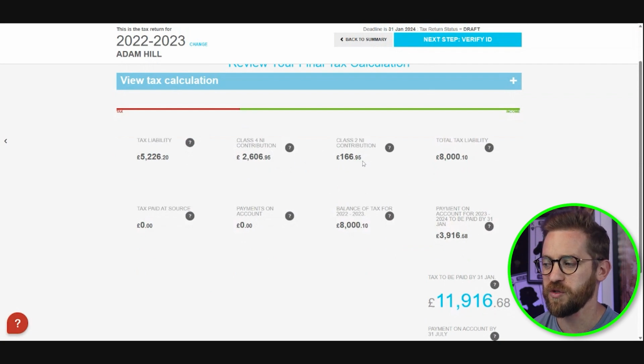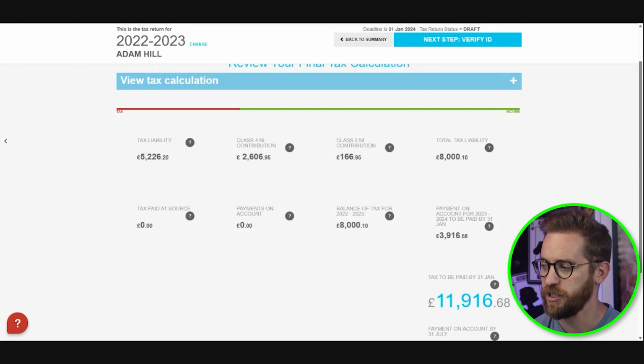Self-employed individuals also have to pay class 2 national insurance, which is a fixed rate of £3.15 per week, and I'm being charged for 52 weeks here, so you can see that being added into the calculation. That gives me my total tax liability of £8,000 and 10 pence, which agrees exactly back to what we saw on the previous page.